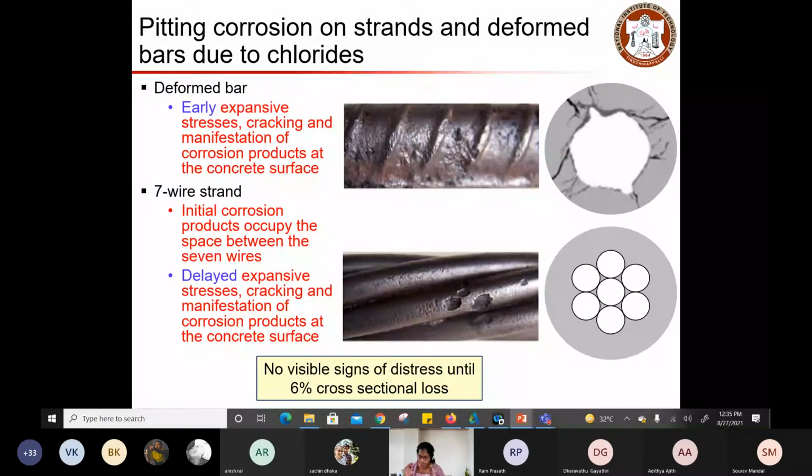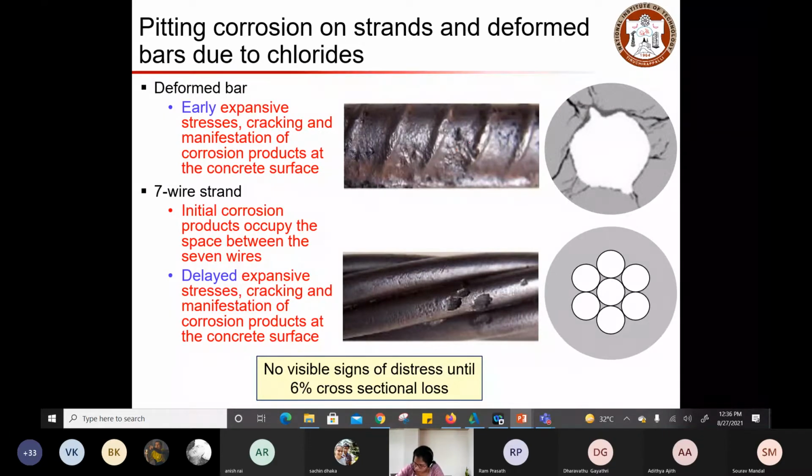And here you can see the general difference between the corrosion that we are talking about for strands and deformed rebars. With strands, the corrosion mechanism is slightly different from conventional rebar. In conventional rebars, you consider a rebar and then you have concrete. When the rebar starts corroding, there will be rust formation at the interface, and the rust formation is going to induce expansive stresses. Because of those expansive stresses, you will observe cracking at the interface, and that cracking leads to rust particles oozing out.